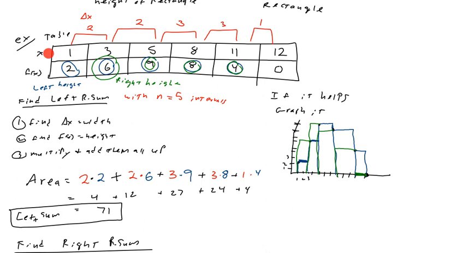So our widths are up here, and then the heights depend on if we want to use the left side or the right side. If we want to use the left side, we use the left number of the table for the left edge, for each of my heights. For the right side, we use the right number in the table as the height of my f of x's, right?